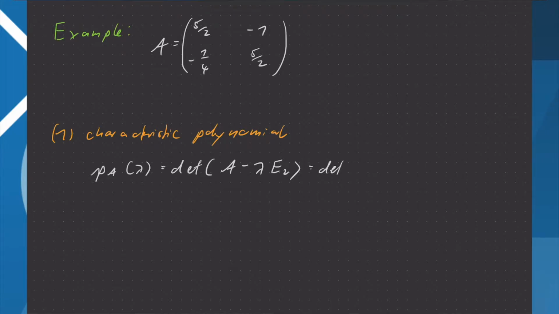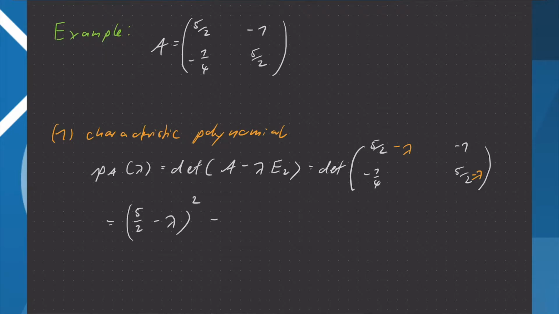So the determinant of, well, let's see, A is 5/2, minus 1/4, minus 1, 5/2. And we subtract lambda on the diagonal here. So the determinant of this is 5/2 minus lambda squared minus 1/4.